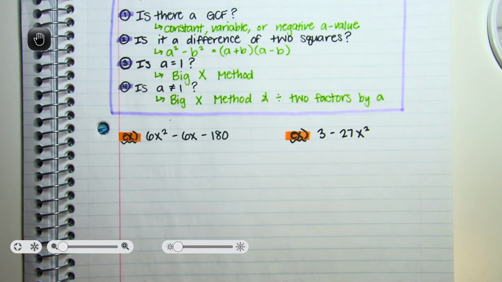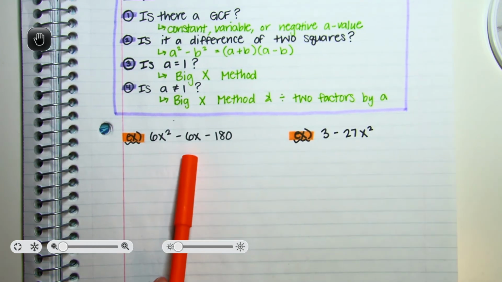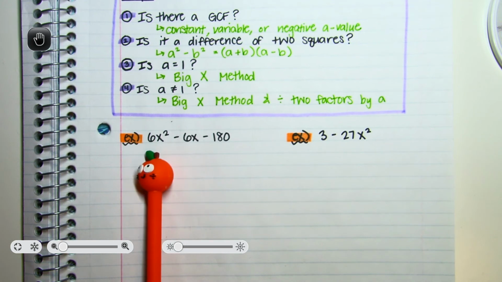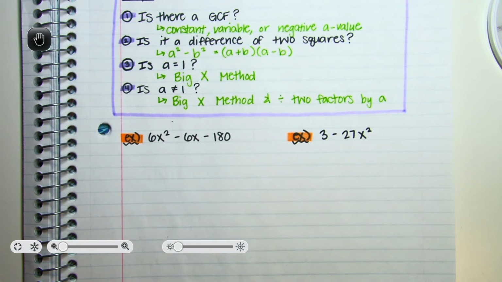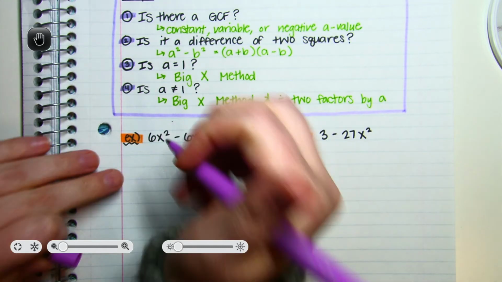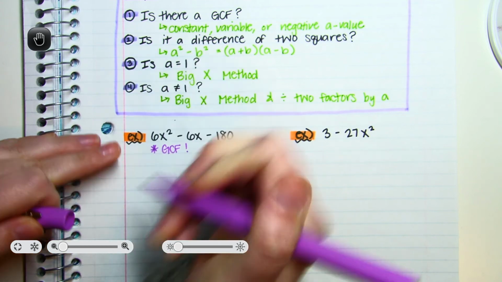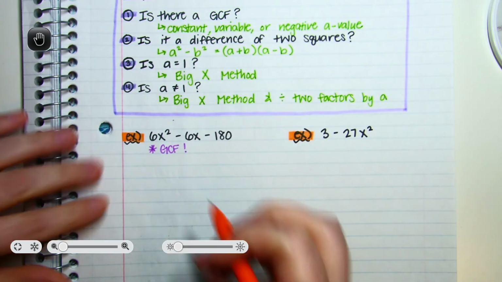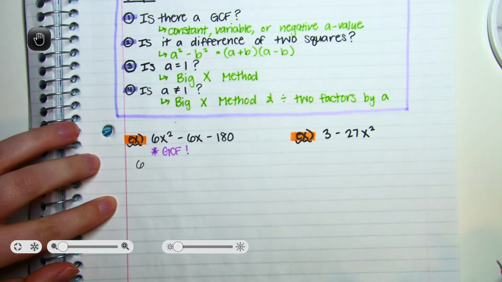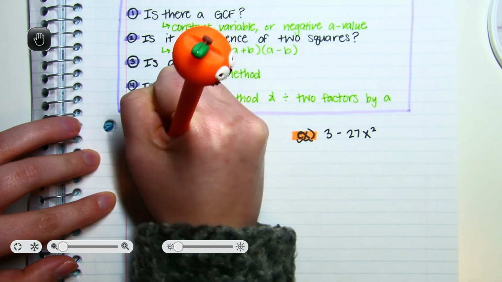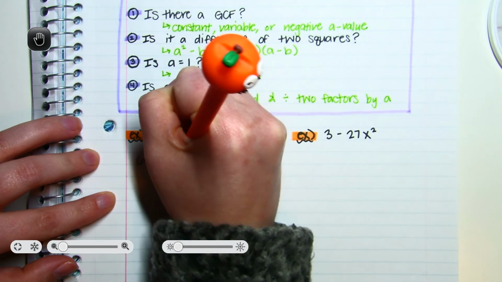All right, so example 1, 6x squared minus 6x minus 180. So first, is there a GCF? Good, you should have answered yes. There is a GCF of 6 that we can factor out. So we're going to factor out the 6, and then we'll be left with x squared minus x minus 30.